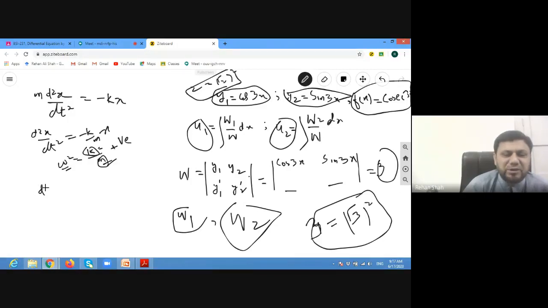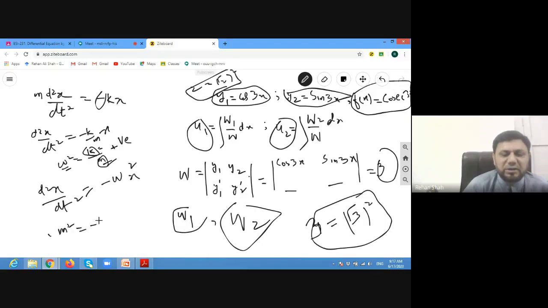So this will become d square x by dt square equal to minus omega square x, because the negative is already there. If you write the characteristic equation, m square is equal to minus omega square.